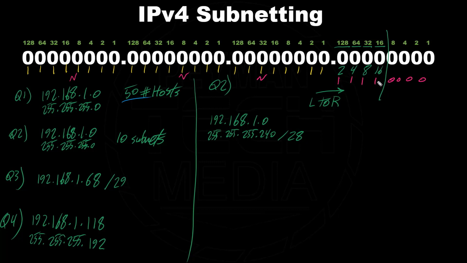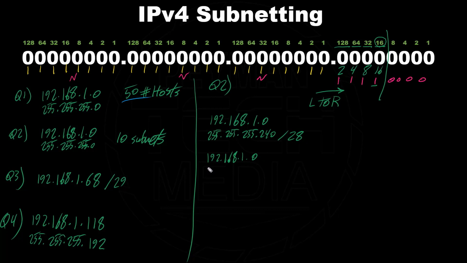Okay, so the last bit that is turned on, what is the decimal value? These are the decimal values at the top. 16 is the decimal value for the last bit that is turned on. So this 16 is our network increment on the last octet. So let's write down our network address: 192.168.1.0. This is a 0 network.